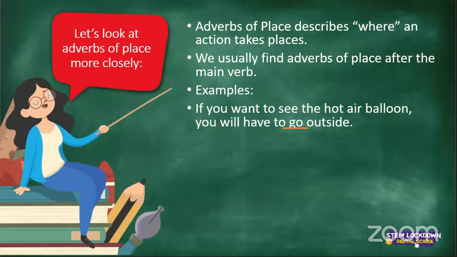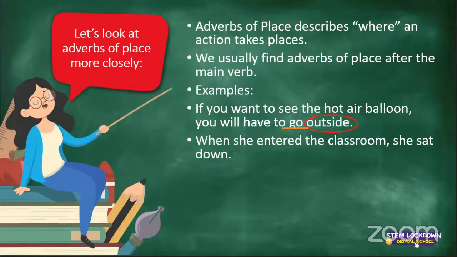Let's look at another sentence. When she entered the classroom, she sat down. I'm going to read it again. When she entered the classroom, she sat down. We are going to look at the second part of the sentence again.